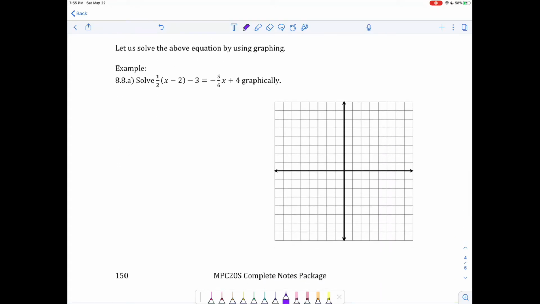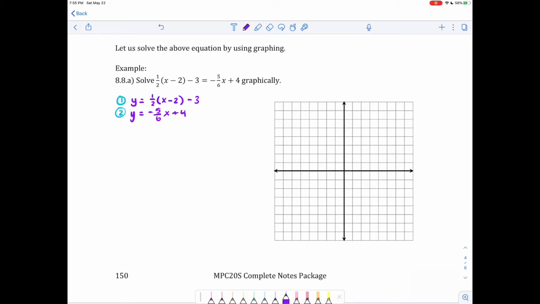So as Mr. A said, we are going to introduce two equations by letting y equal our left-hand side. So our left-hand side here is 1/2 x minus 2, all in brackets, minus 3. And the second equation where y is equal to our right-hand side, negative 5/6 x plus 4.